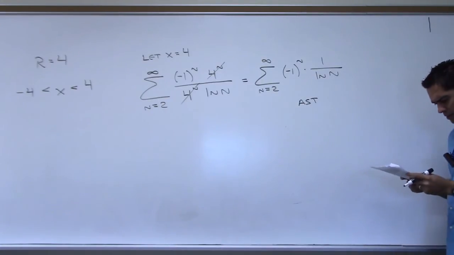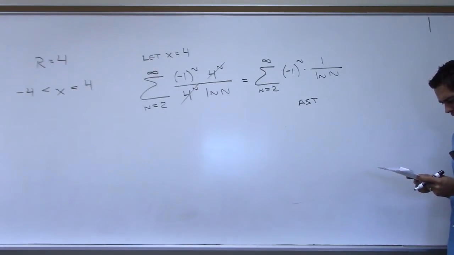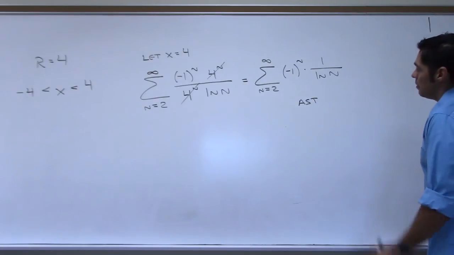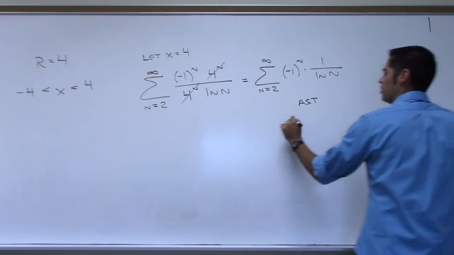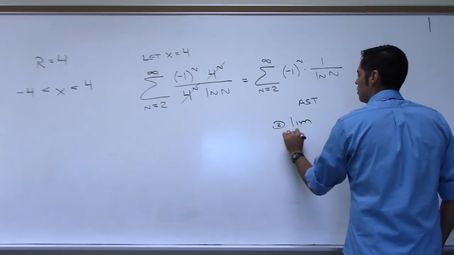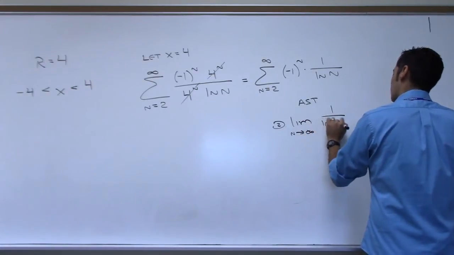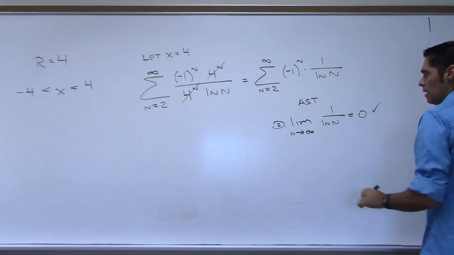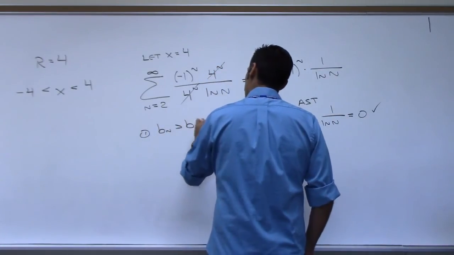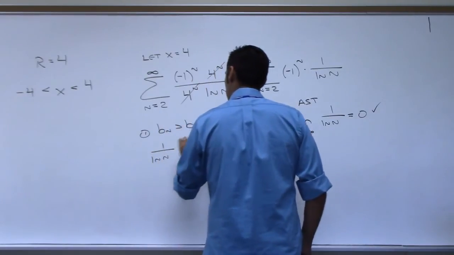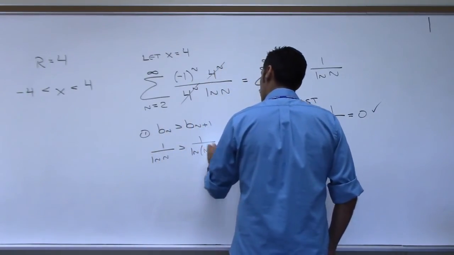Let's see, with time constraints, I guess we could do the alternating series test. Might be hard to show. Well, let's do it. The second thing I need to show is the limit as n goes to infinity of 1 over natural log n goes to 0, which it does. It's 1 over infinity. And then I have to show it's decreasing. So I have to show b sub n is greater than b sub n plus 1. So 1 over natural log n is greater than 1 over natural log n plus 1.